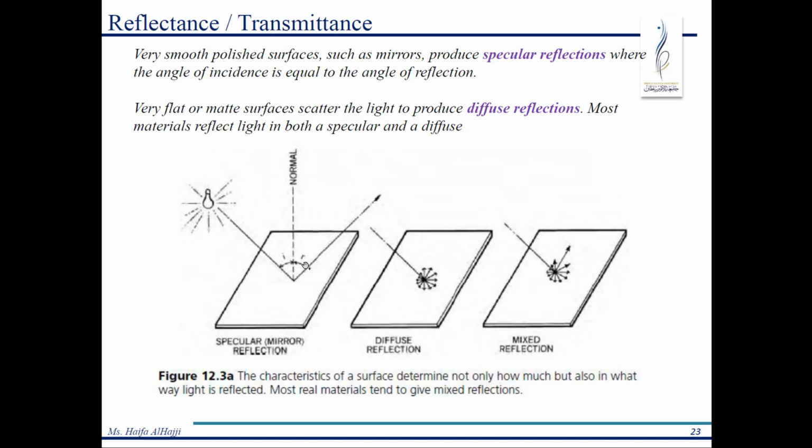This is much similar to what we learned in acoustics. If the surface is rough, then the light will be scattered away and diffused, and we call it diffuse reflection. Sometimes we can have a mix of both, where the surface is slightly smooth, most of the light is reflected in this manner, but some of the light is diffused as well. So this is much related to the type of material of the surface.